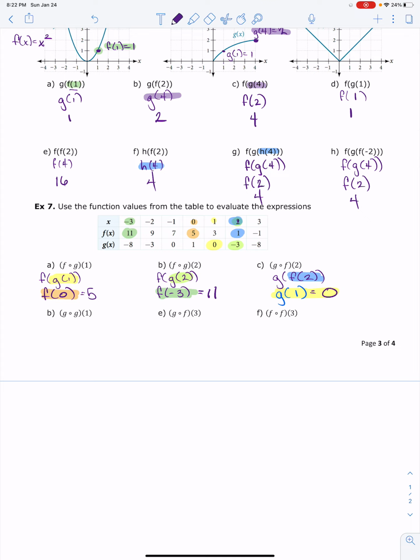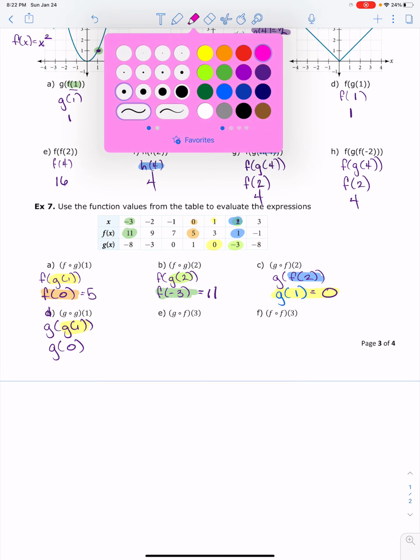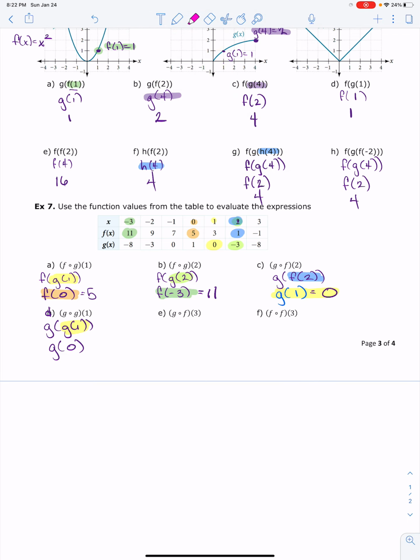This should be D. We have g of g of 1. And g of 1 we just did. We know that that is 0. So now we're looking for g of 0. There's the 0. G of 0 is 1.